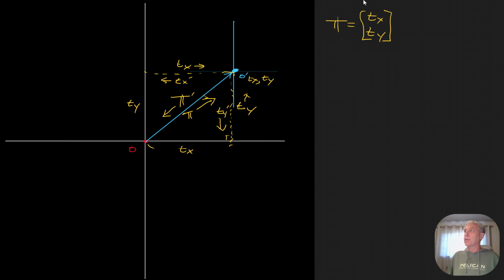That would make up the vector from O prime down to O. Okay, so direction's important. I want to be really careful with this diagram because the tendency is to say, well, tx prime just equals the opposite of tx, and ty prime equals the opposite of ty. And that's certainly true in this case, wherein we have no rotation.